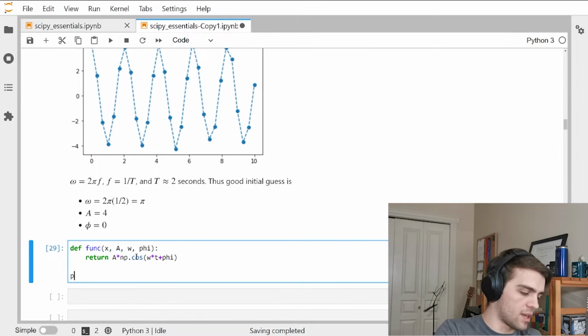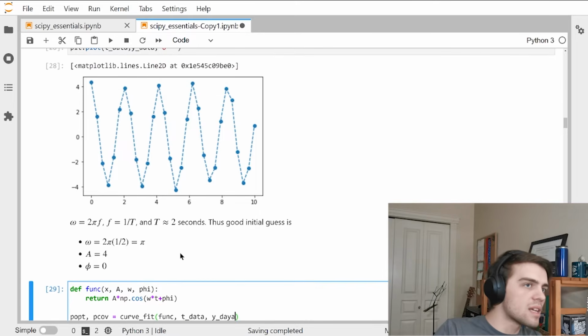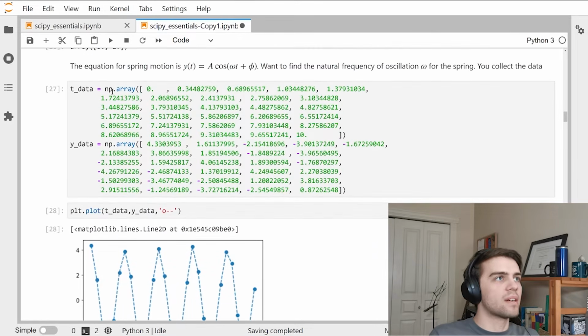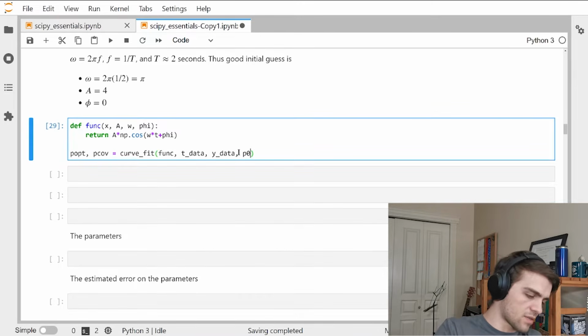For that, I do the same thing as before. popt, pcov is equal to curve_fit. I give it the function that I want to optimize, and I give it my t data and my y data, which of course is the data that I've collected in the lab. Then I give an initial guess for p0.